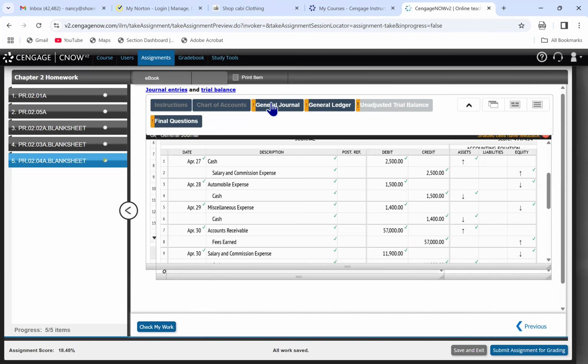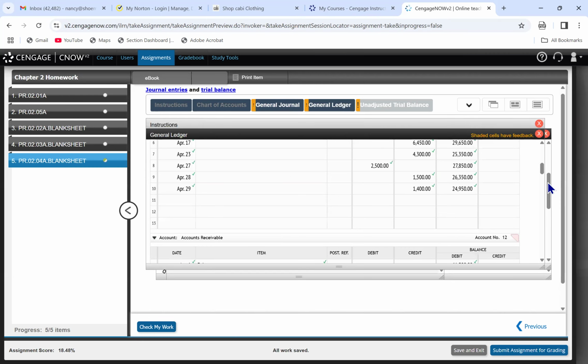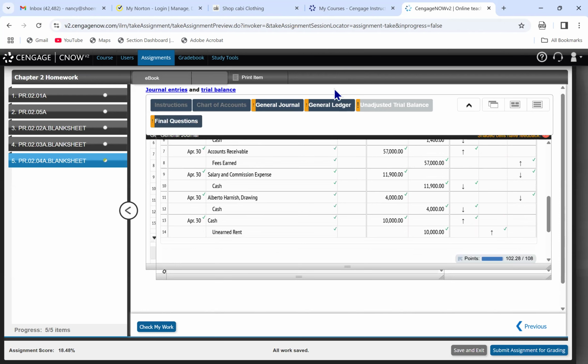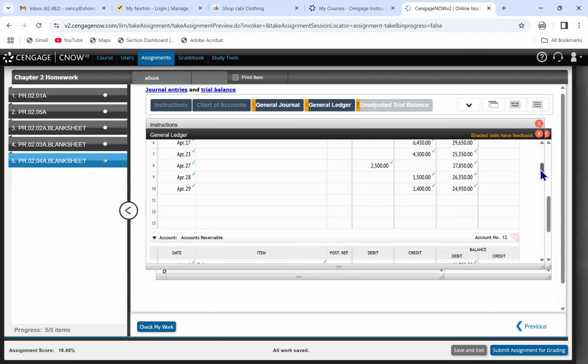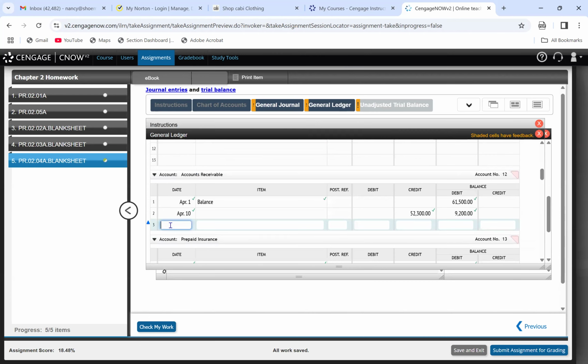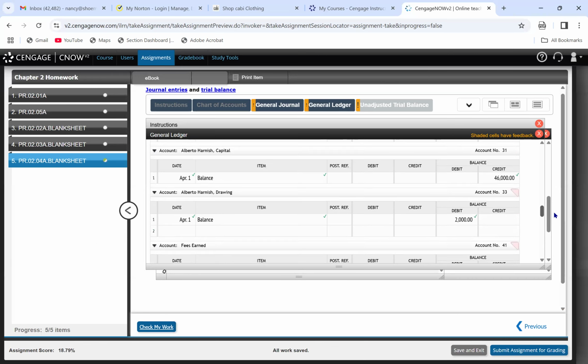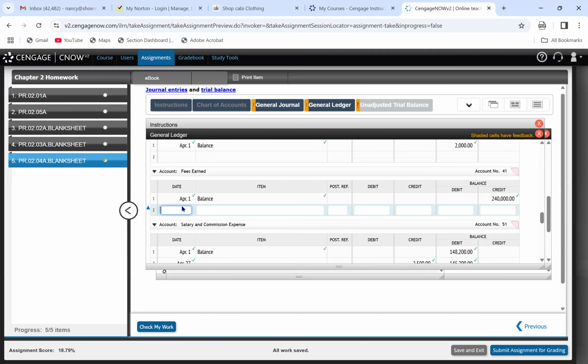Then we've got accounts receivable, a debit of 57,000, fees earned 57,000 on April 30th. So accounts receivable, 57,000. And that number is going to go up to 66.2. And we'll credit our revenues for 57,000, April 30th.